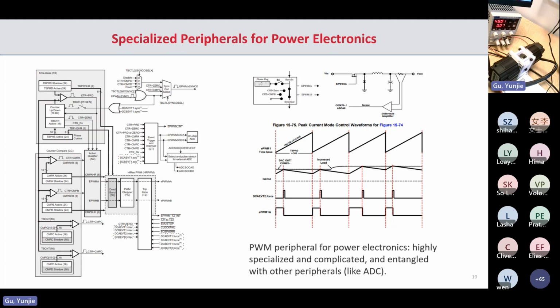The PWM and ADC are also interlocked. The PWM may trigger the ADC, and the ADC may set different duty cycles for the PWM, which is very different to the conventional PWM and ADC.